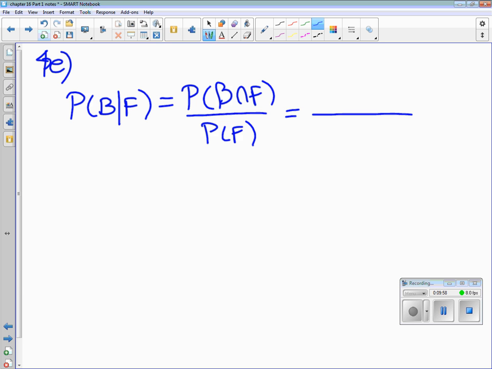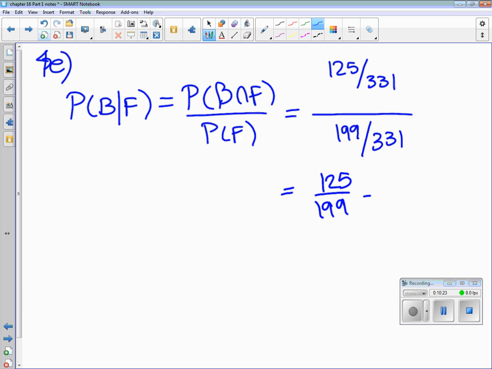Would you agree? Look at the numbers in there. We divide it by the total, which was 331. And then the probability of female was 199, again divided by 331. Since they're both divided by 331, you can just say 125 over 199, and when you divide those, you get 0.628.